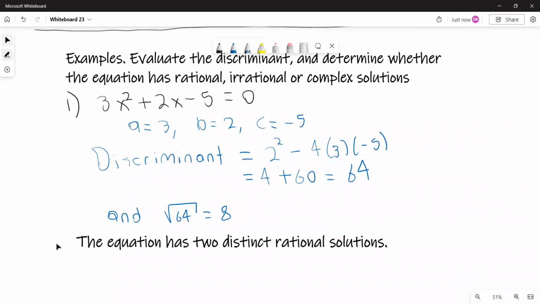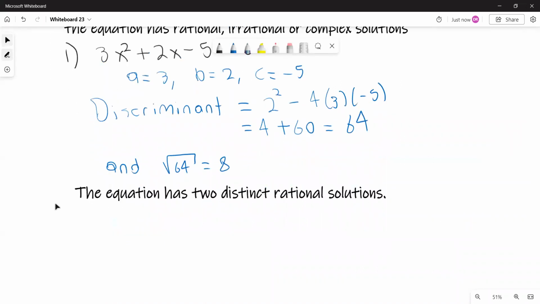Number 2, same question. We are going to solve 2x squared plus 3x equals negative 11. Okay, we're going to write the equation in standard form.